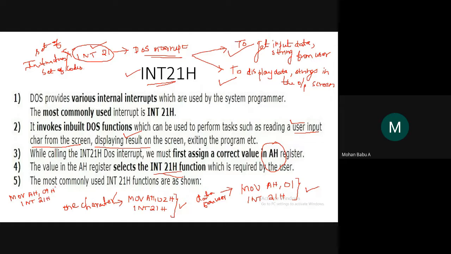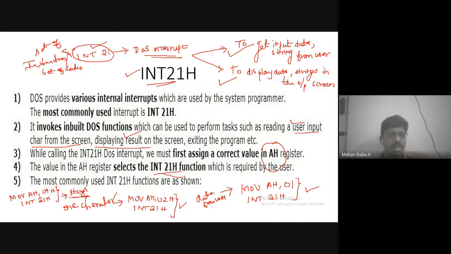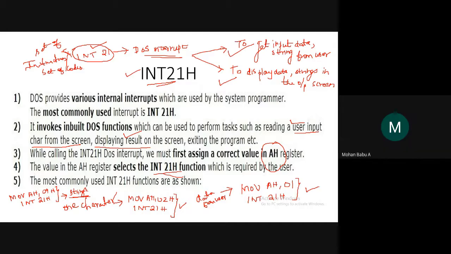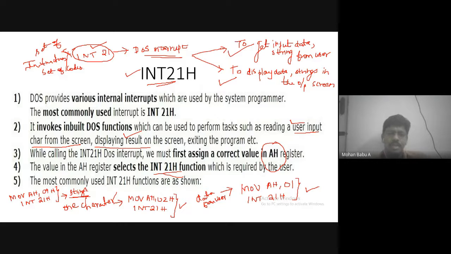This command will help you to get string input from users. I hope you know what a string is. A string is a group of characters. It contains different alphabets. If you want string input from users, you will need to type these two lines in 8086 programming. These are all the commands used by an 8086 programmer to get data, characters, as well as strings from users.